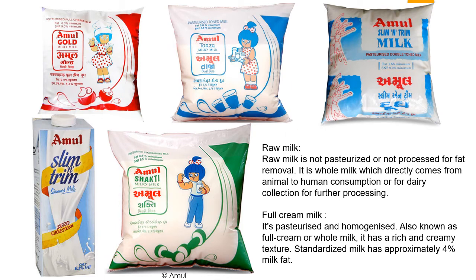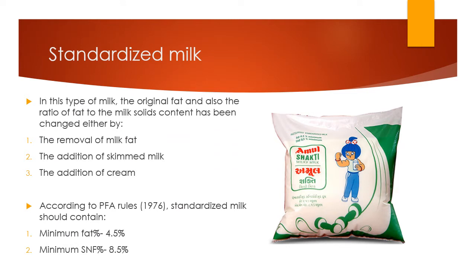So next is standardized milk. What is standardized milk? It is the type of milk where the original fat, and also the ratio of fat to the milk solids content, has been changed, either by removal of milk fat, or addition of skim milk, or addition of cream.